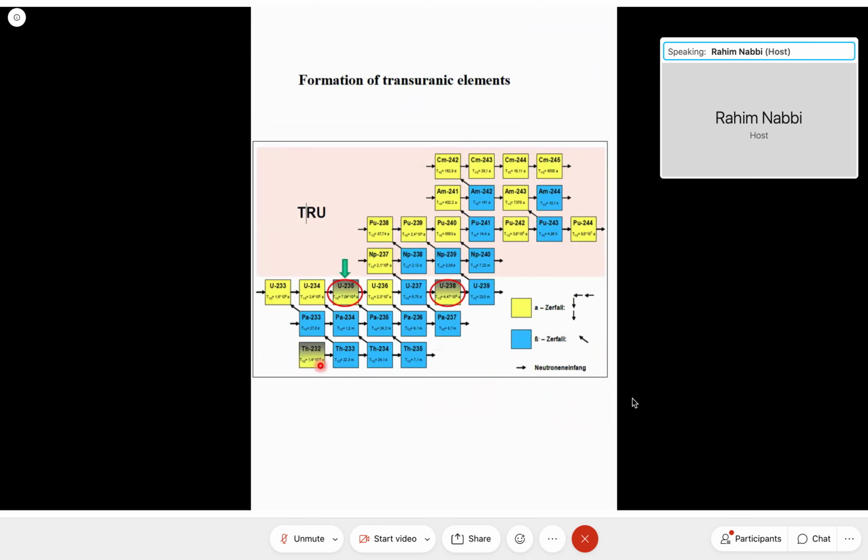This figure shows very clearly what kind of radionuclides are produced during the operation of a reactor.